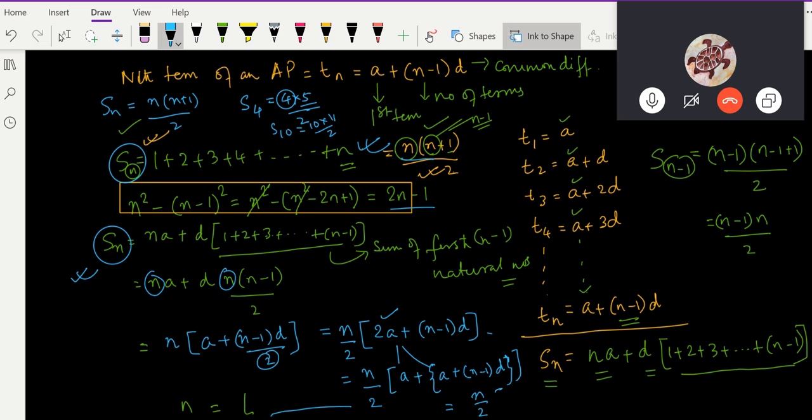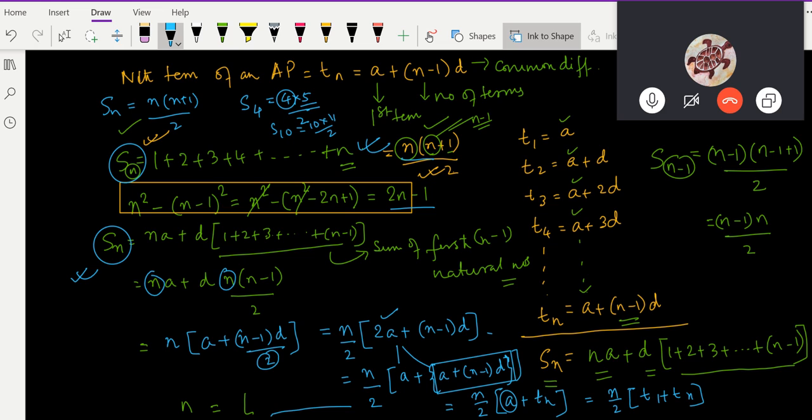So this I can write as n by 2. And why did I do this? I'll show you. I can write a plus n minus 1 into d as the nth term. This is equal to n by 2, and a is the first term, so T1 plus Tn.